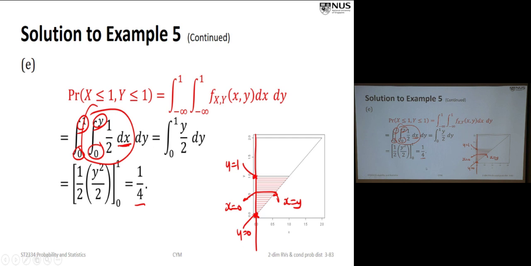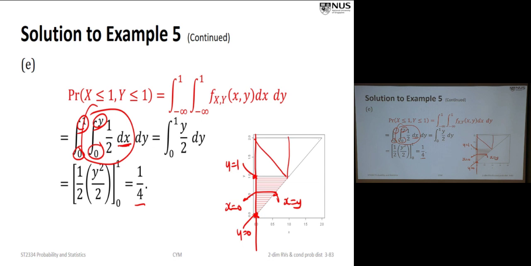As a check, it's very simple. Think of it, right? This is your area for which the joint PDF is defined. All right. So in fact, there are 4 parts, 4 equal parts.